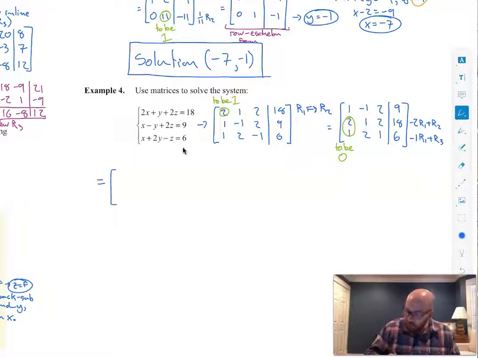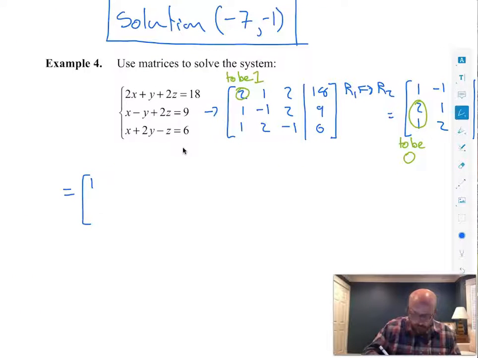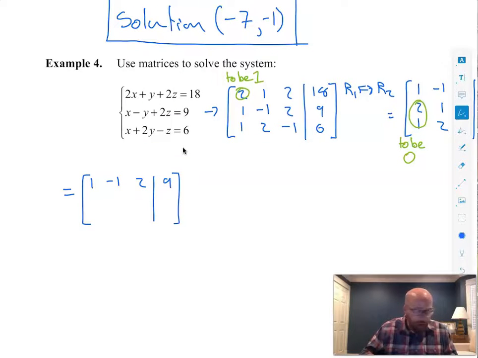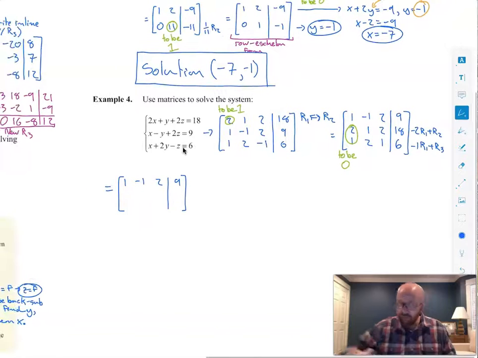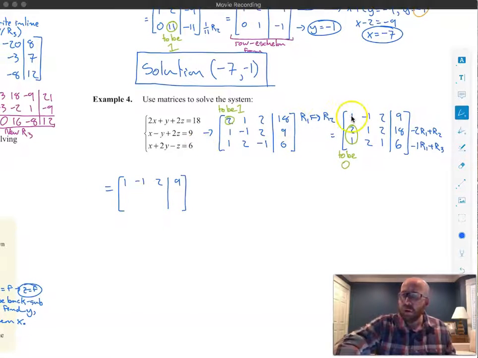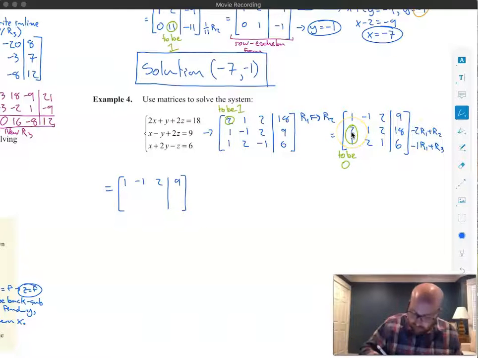So row 1 does not change. 1, negative 1, 2, 9. And I'm also going to do this work mentally. So here we go. Negative 2 times 1 is a negative 2 combined with a positive 2 is 0.